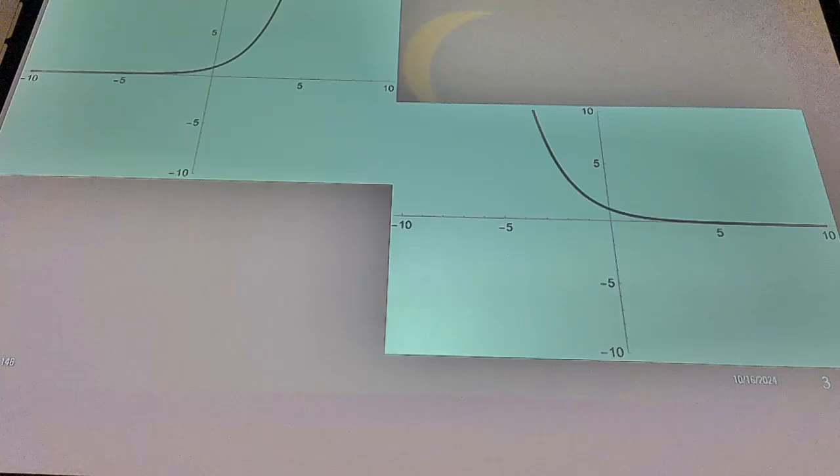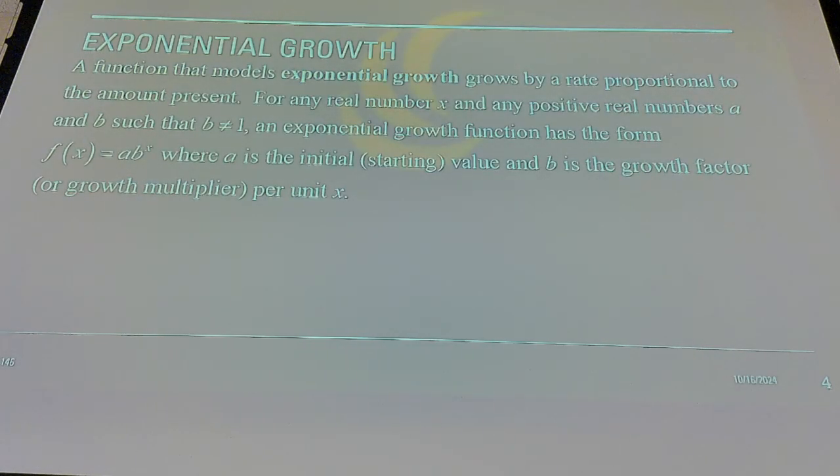A very common application of exponential functions is exponential growth or exponential decay. A function that models exponential growth grows by a rate that is proportional to the amount present.